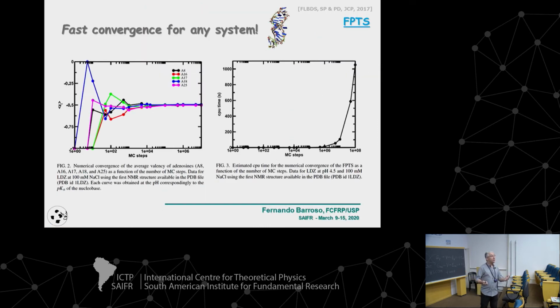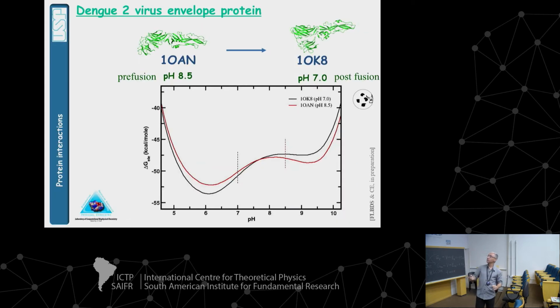I mentioned the convergence, and yes? On the slide before, can you explain why, just by looking at the free energy, I would think that 6 and maybe 9 point something would be more stable? Yeah, okay, you mean why we're not looking at this point? The reason is, here we are performing the calculation at a salt concentration of 150 millimolar.